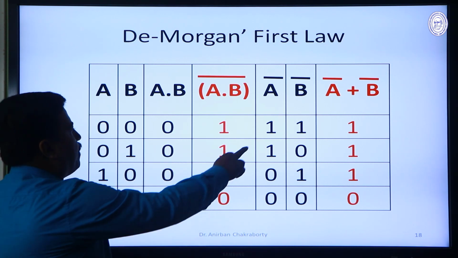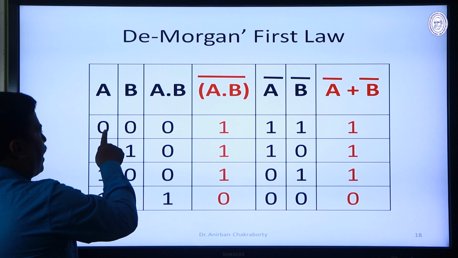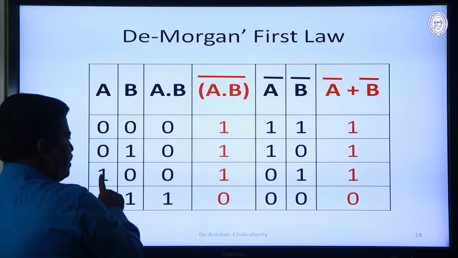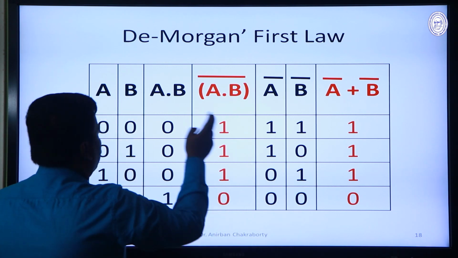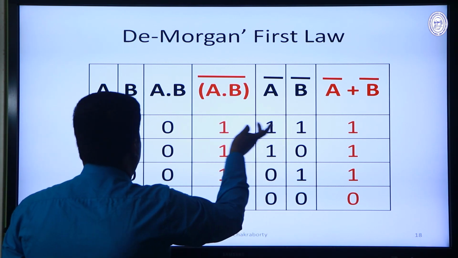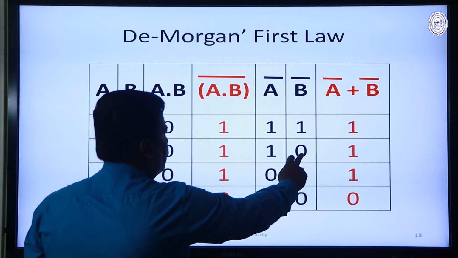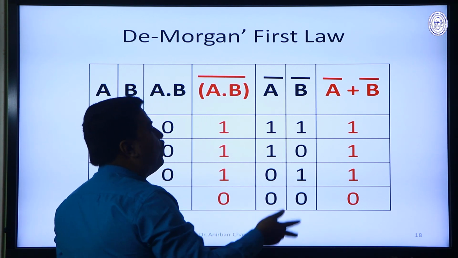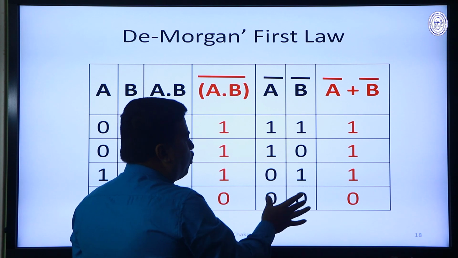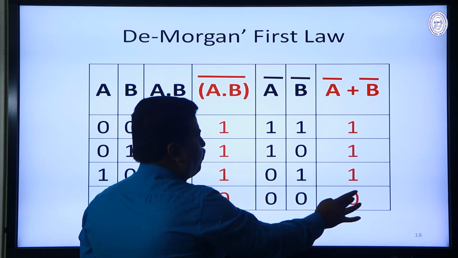Again, here I have made A bar, means where A is 0, A bar is 1, where A is 1, A bar is 0. Similarly I have written B bar, where B is 0, B bar is 1, where B is 1, B bar is 0. Now what I have done is A bar or B bar. OR means if both are 0, then only the output is 0.